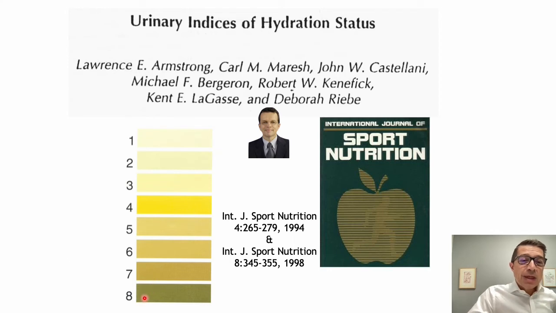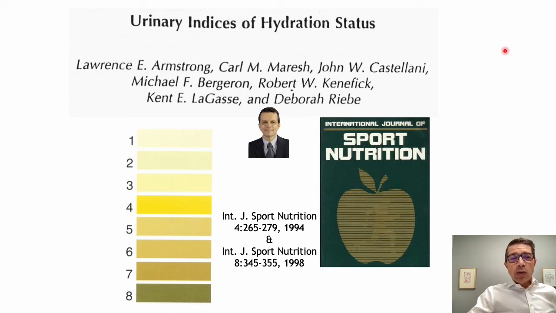I know you might be thinking, what is that green color urine? Believe it or not, there is urine that could be that dark or even darker sometimes, which is not only an indication of hydration state, but also speaks to potential muscle damage and a condition known as rhabdomyolysis.